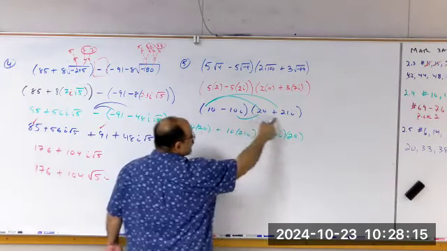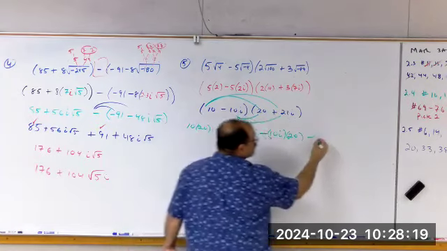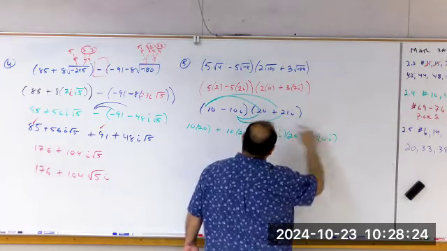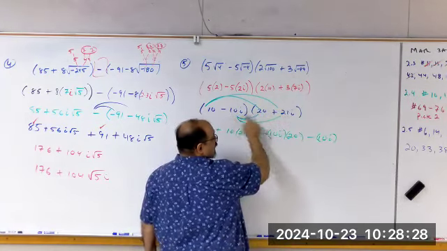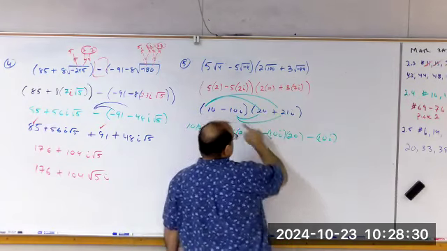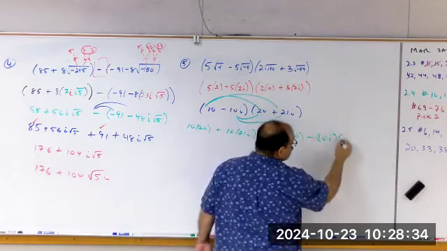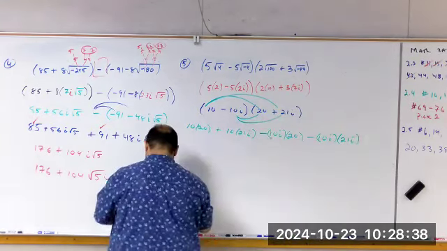And then a negative times a negative, 10i times 21i. This last times last, when you're dealing with imaginary numbers, is a little tricky. So you've got to be careful there.